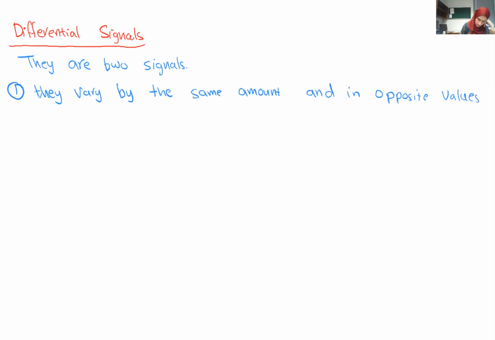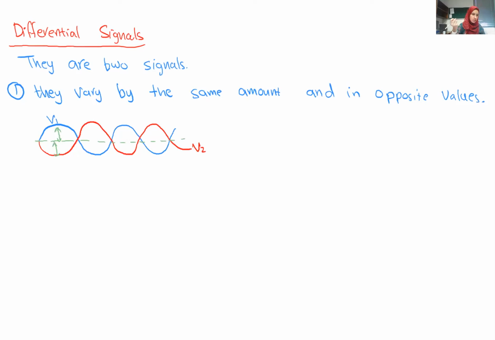It means that if this is V1, V2 will look something like this. So this is V2. From this midline here, they are the same, I mean, up and down, they are of the same height difference from this midline.